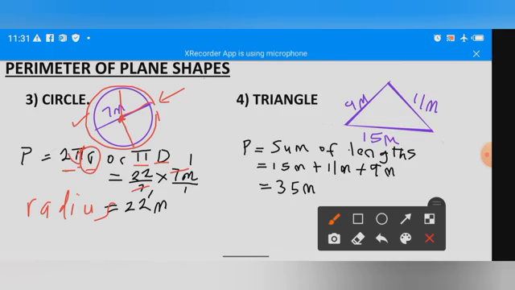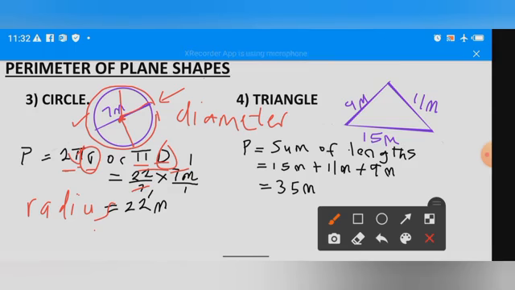we could also make use of pi d. This d is diameter. Let me write it here, diameter. Now in this circle, I've not told you what diameter is.